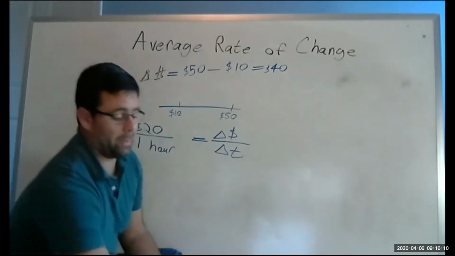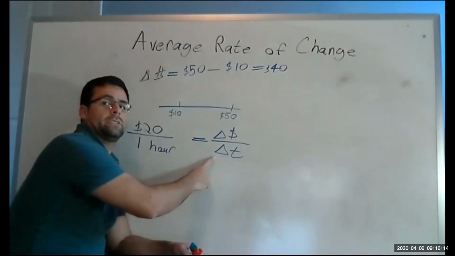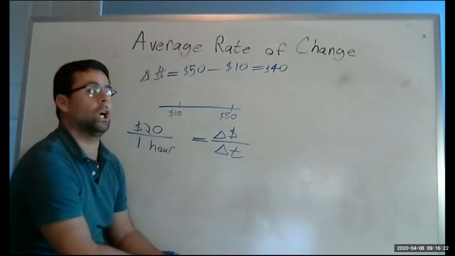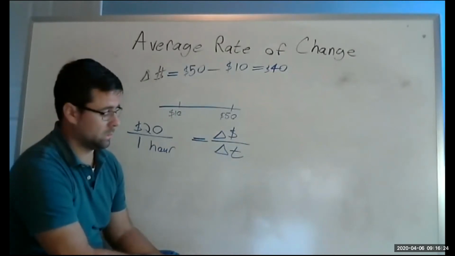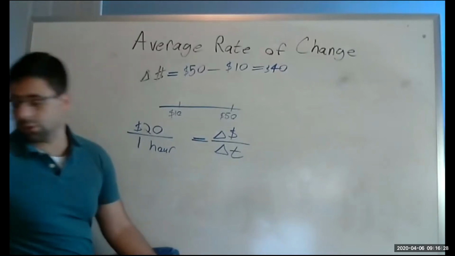What have we dealt with in the past that looks like this? Change in something. X and Y delta. What is that called? The slope intercept. Slope.